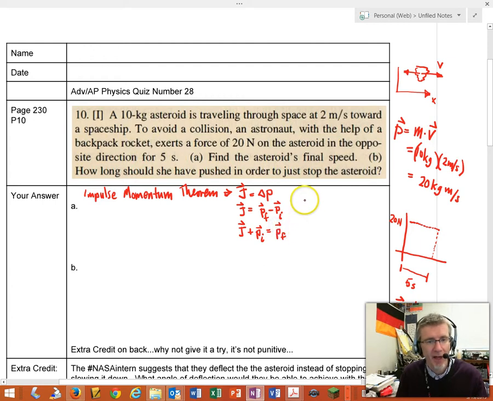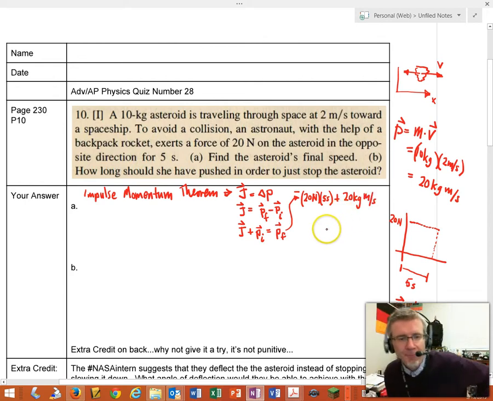And that means what I've got is 20 newtons times 5 seconds, and we said this was a minus, plus the initial momentum, which was 20 kilogram meters per second. Those are the same units, you can double check me.